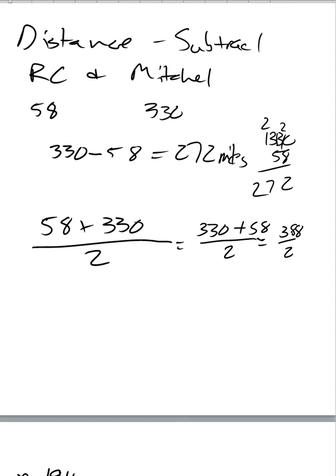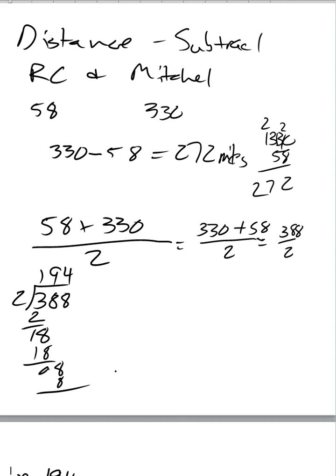So I divide that out. 2 goes into 388, 194 times. So this tells me that I need to stop at mile marker 194, or the 194th mile.